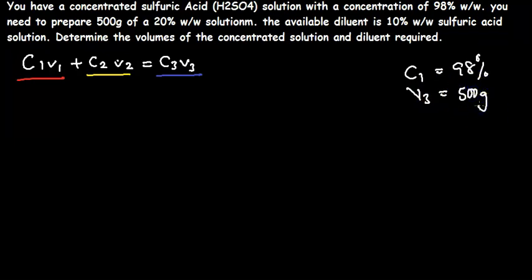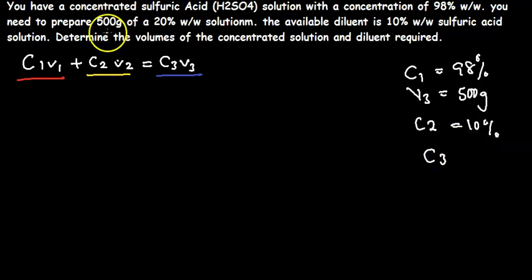What about V2? Remember, the available diluent is 10%. Sorry, not V2, I mean C2. C2 is simply going to be 10%. What about C3?